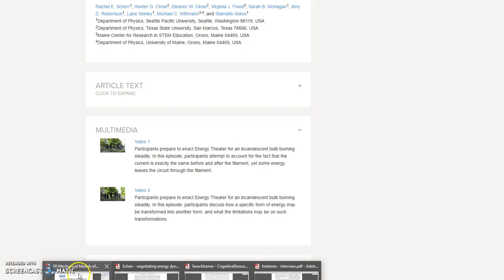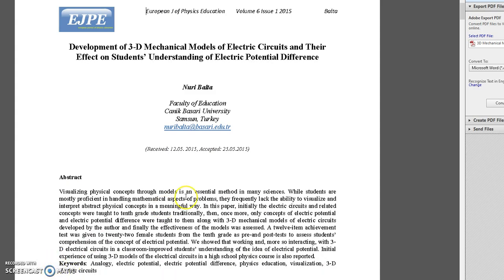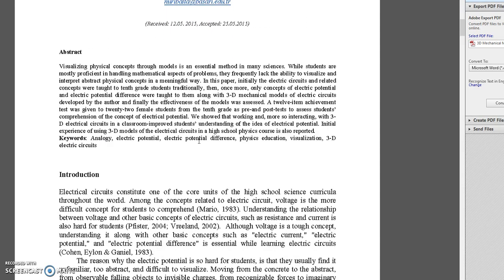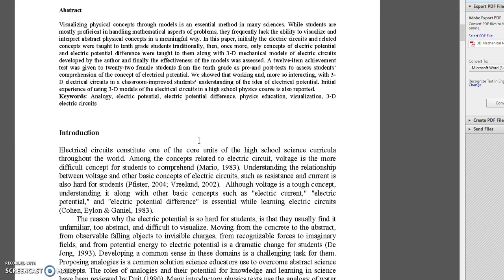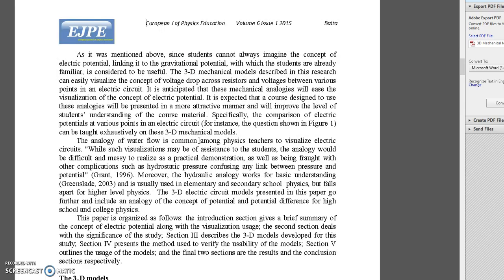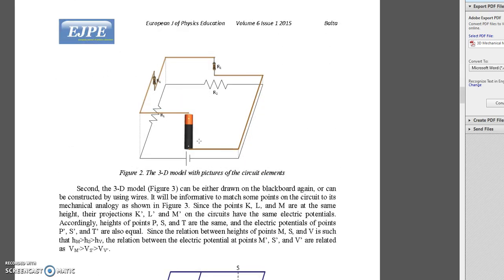So out of the other papers, the one that really grabbed my attention was the 3D mechanical models of electrical circuits. I enjoyed that presentation, and I was particularly taken by Hannah's very simple circuits where she used Play-Doh and straws to build the circuits.